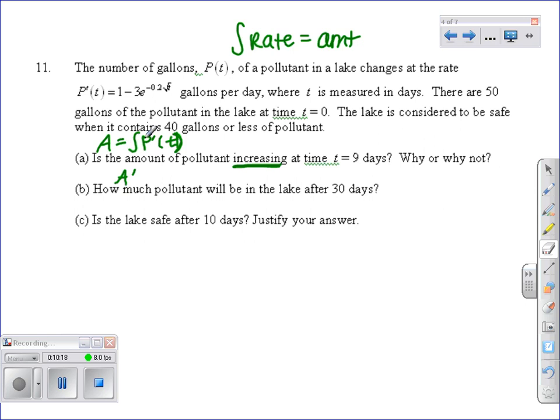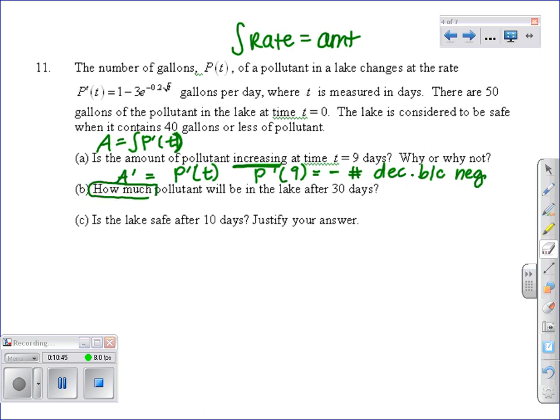Well, the derivative of the integral would just be looking at this function, looking at the rate. Is it increasing? We'll plug in 9, and when you plug in 9, you get a negative number, so it's decreasing because it's negative.